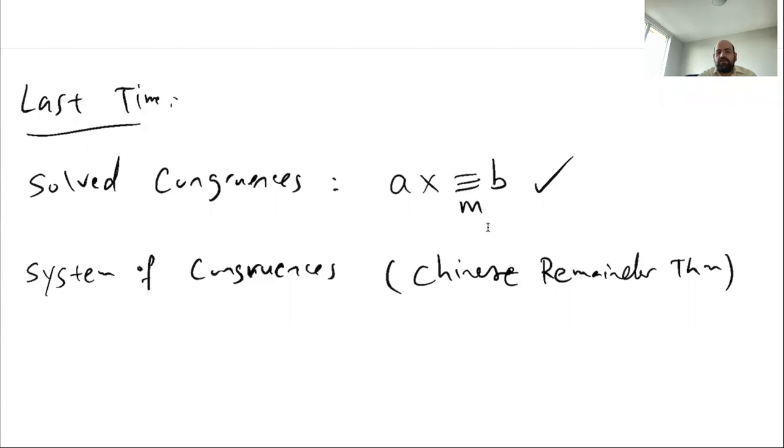Let's say if you want to solve 3 congruences at the same time, how can you solve it? So we provided an algorithm also for how to find the value of X that satisfies, let's say, 3 given congruences, or 5 given, or n given congruences at the same time.